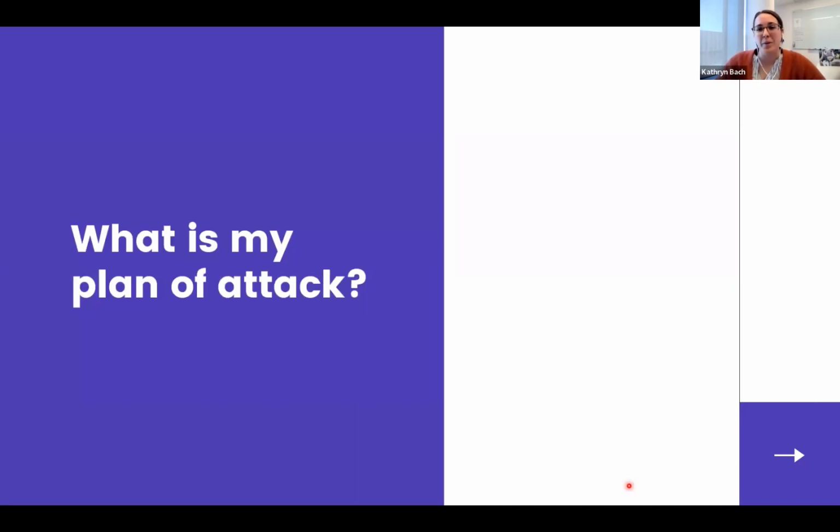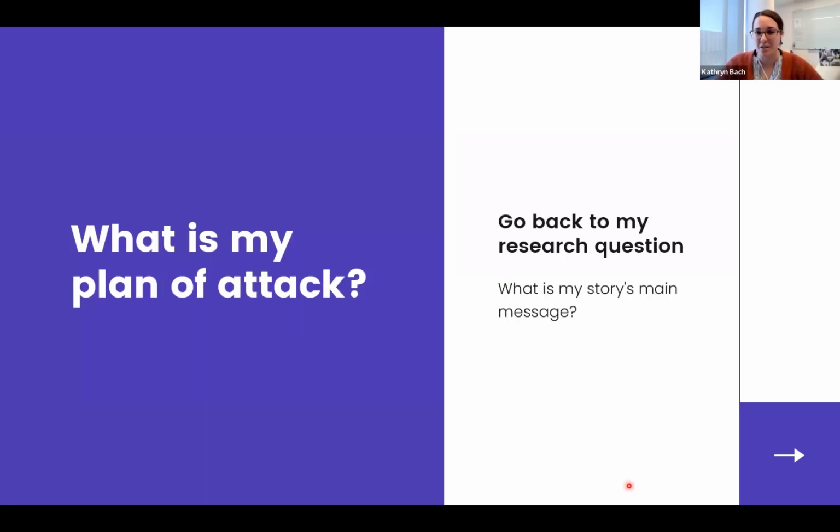So what is my plan of attack when I think about my graphical abstract? The thing I really go back to is my research question, because especially with JDS Communications, these are generally shorter papers. They may not have as many objectives. That question itself, what's the main story I'm trying to tell, is a really good place to start.